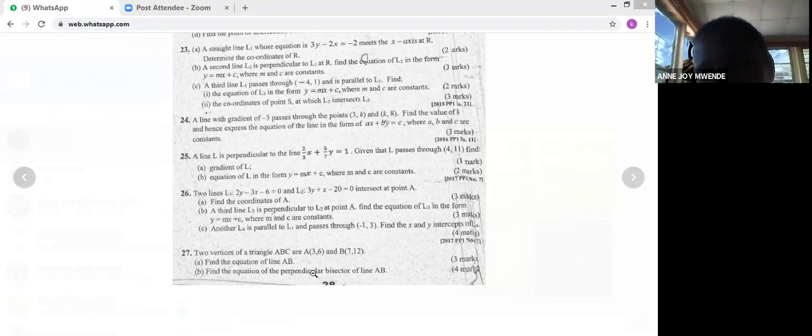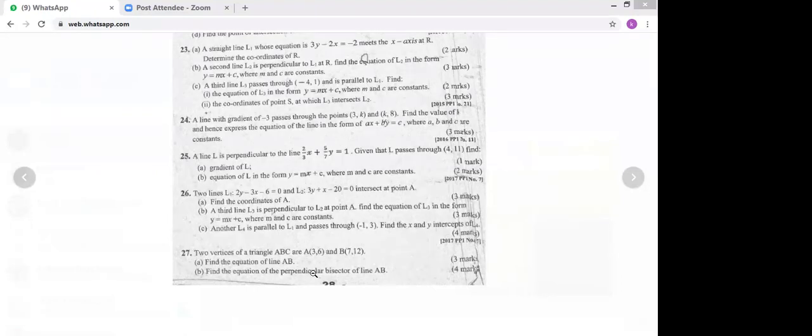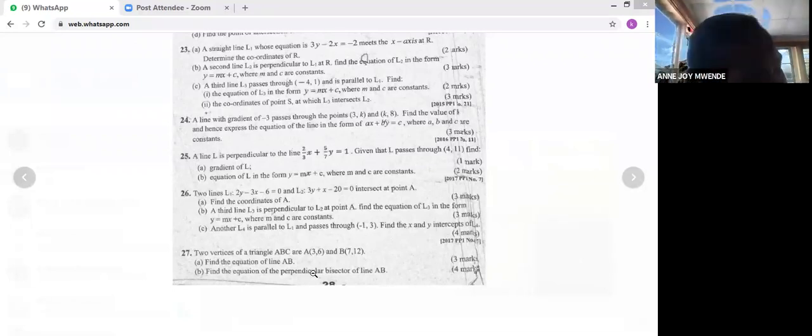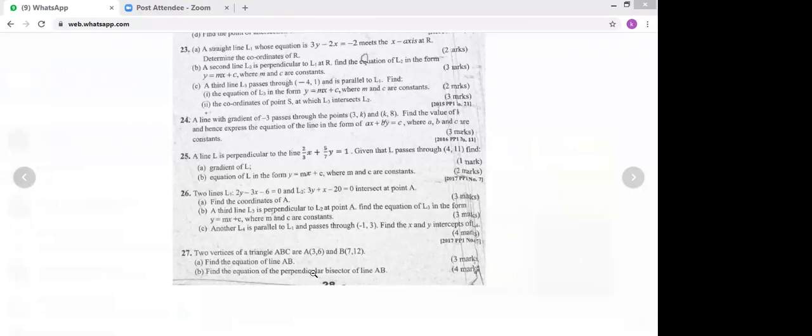So you get the equation that is cutting the y-axis, then you substitute x equals 0 to get the value of y. When you get the value of y, you write it as a coordinate. So you have 0, 4.5. Then for the x-intercept, y is equal to 0. Is it clear? Not really.